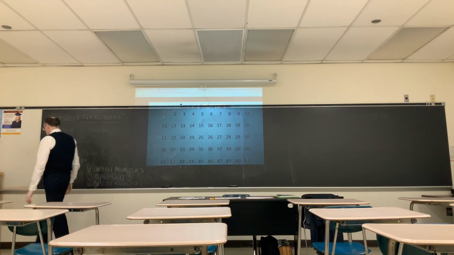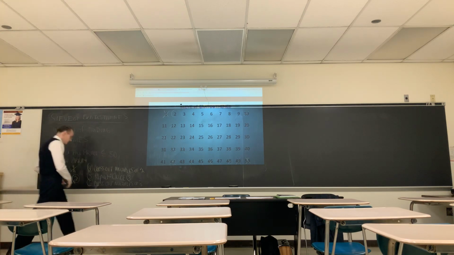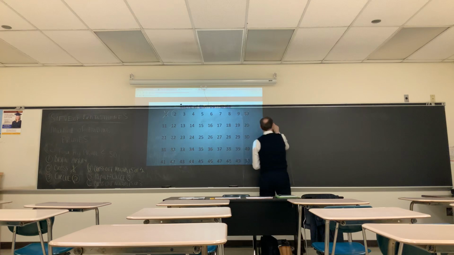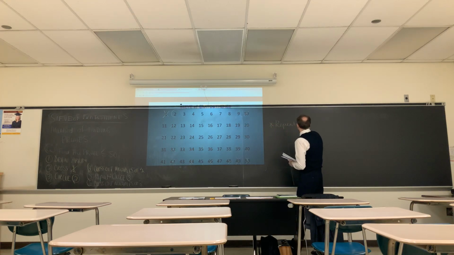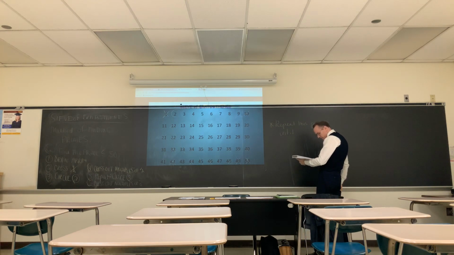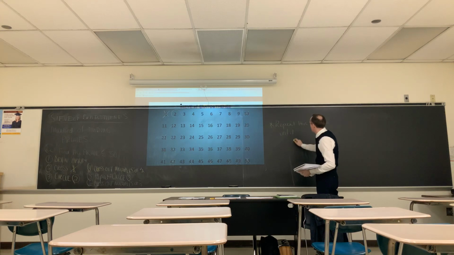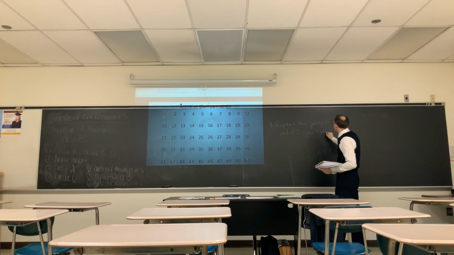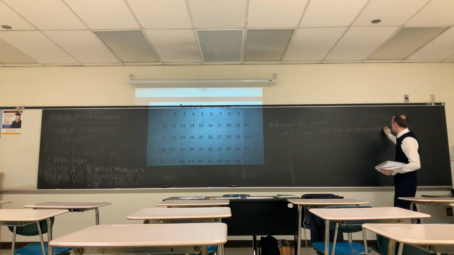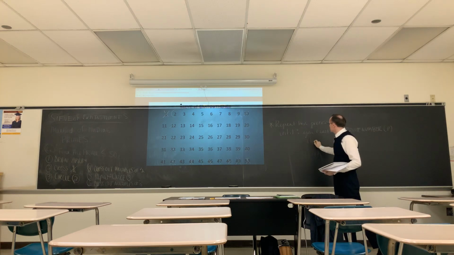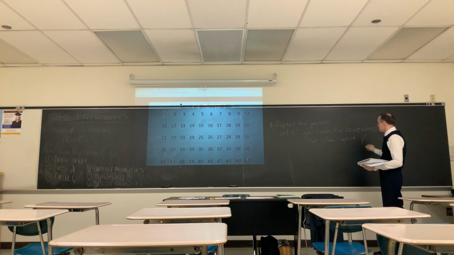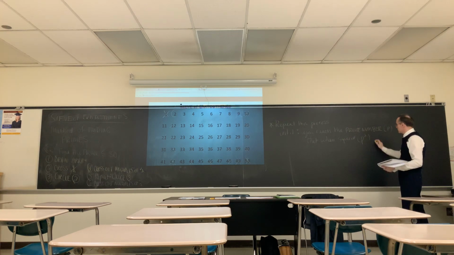Basically, you will repeat this process until you reach the prime number, we'll call it P, that when squared, P squared, is greater than the limit.